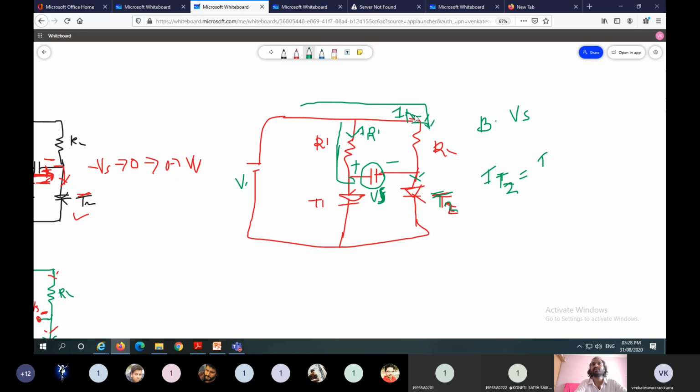So before charging to Vs, the total thyristor current IT2 equals IR1 plus IR2. Once the capacitor charges to rated voltage, this current becomes zero, and the total thyristor current equals only IR2.